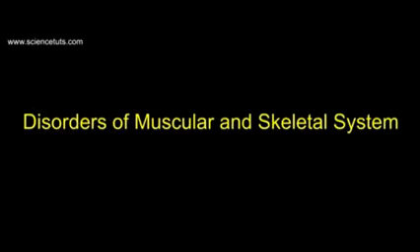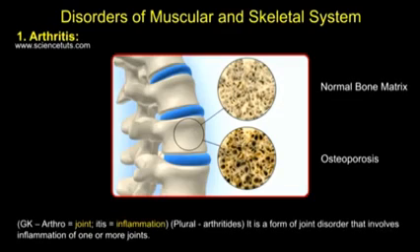Disorders of muscular and skeletal system. 1. Arthritis. It comes from the Greek word arthro, meaning joint, and itis, meaning inflammation. Plural, arthritides. It is a form of joint disorder that involves inflammation of one or more joints.